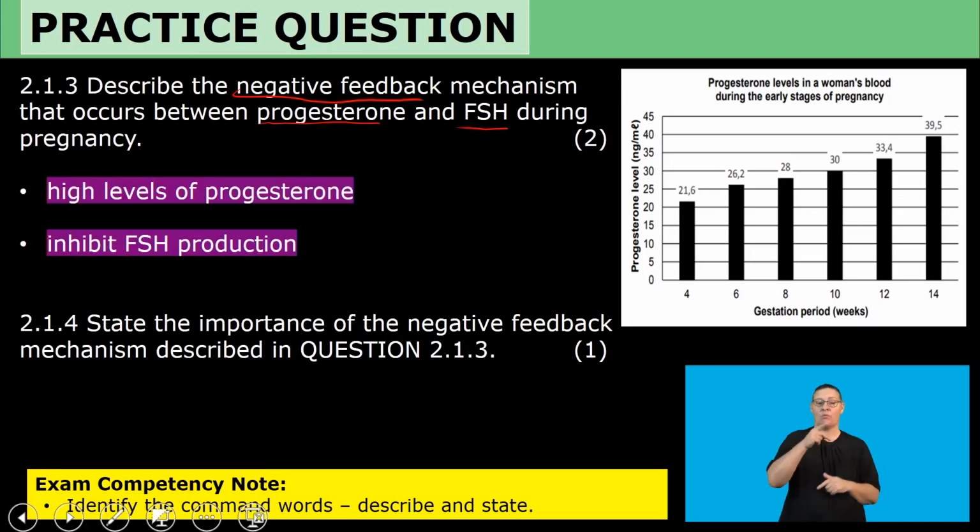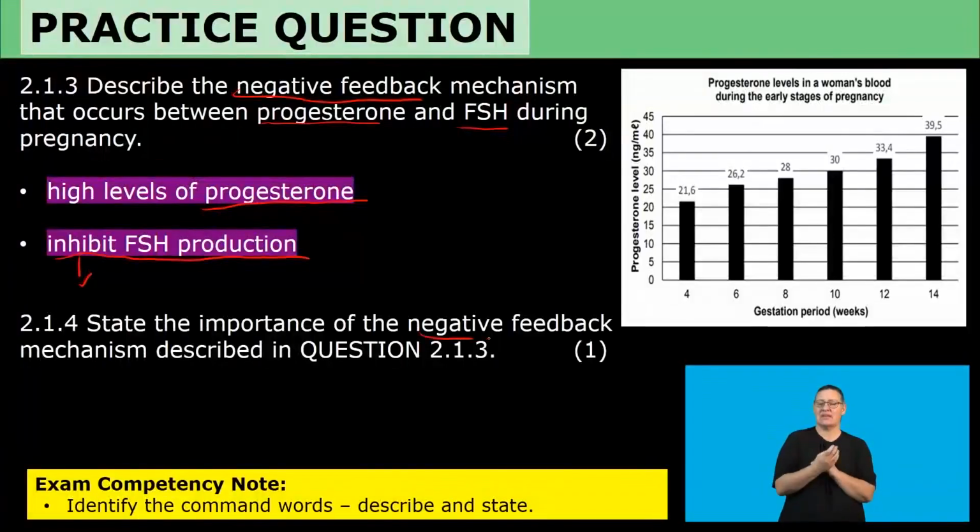High levels of progesterone inhibit FSH production. I want you to also get used to the language in the subject. To inhibit means stopping. So when we've got high progesterone level, we'll have the inhibition of FSH production, so that we don't have a contradiction of a pregnant woman and also the formation of new follicles.